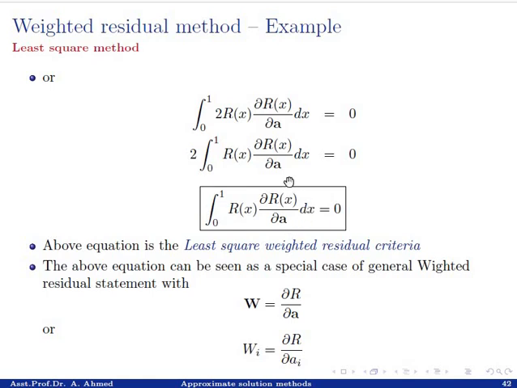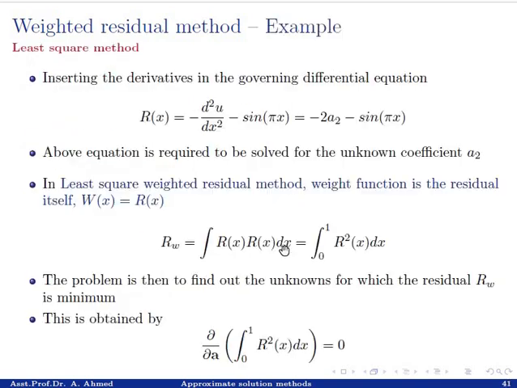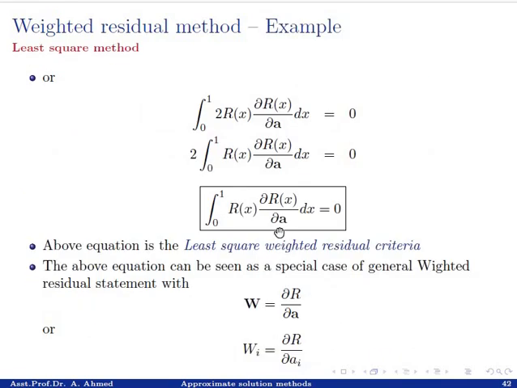Now I can also say that it's in another representation. If I would like to represent this in the form of that generic equation, I can say that in the least square method the residual is multiplied with this partial differential.